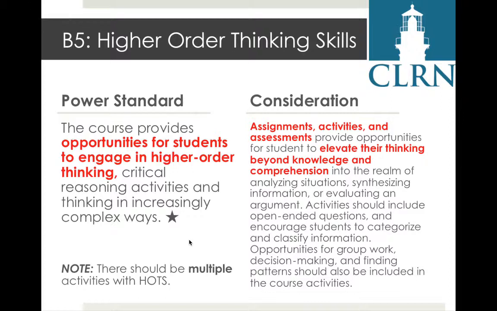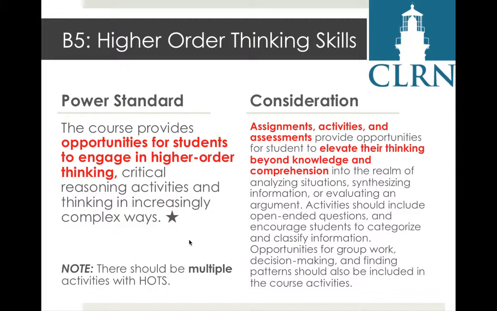Next to standard B3, Power Standard B5 is a critical component of a high-quality online course. While standard B3 asks if students are actively engaged, B5 asks how they are engaged. This standard asks if the course provides opportunities for students to engage in higher-order thinking.